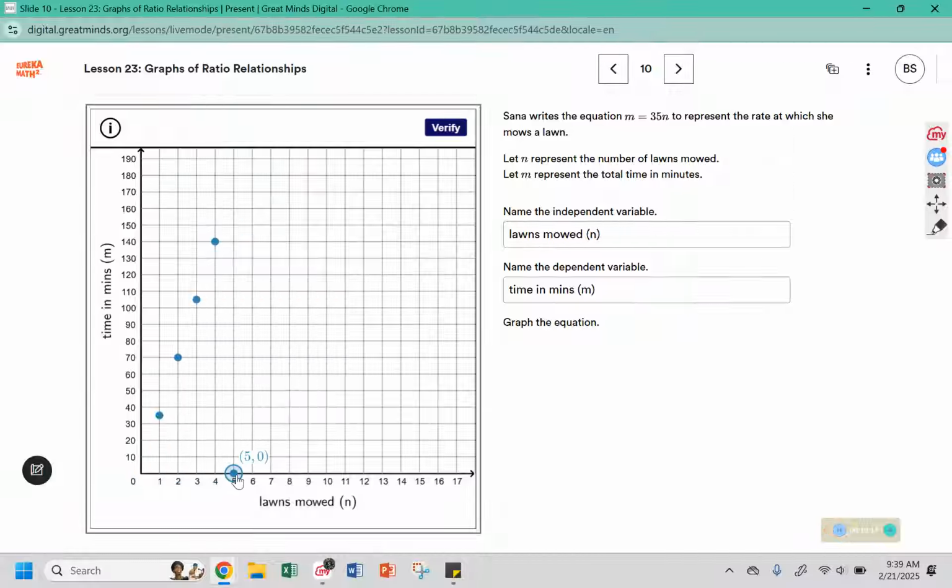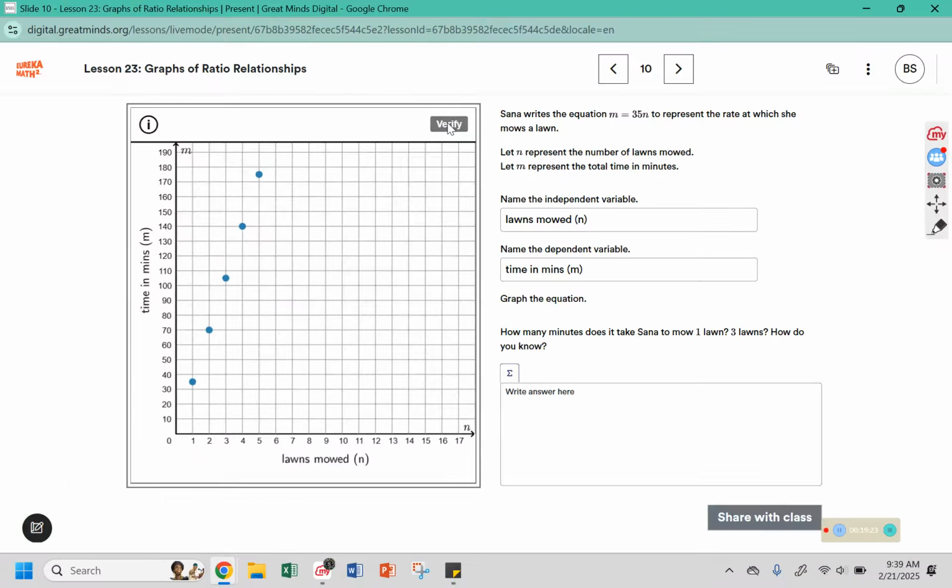And 5 times 35 would be 175. Then we will verify, and we have it written down correctly because our points are in the correct location.